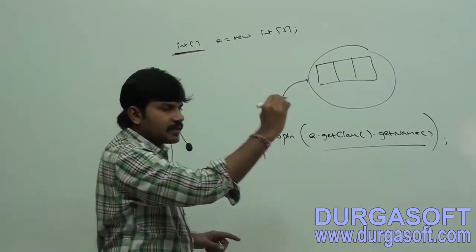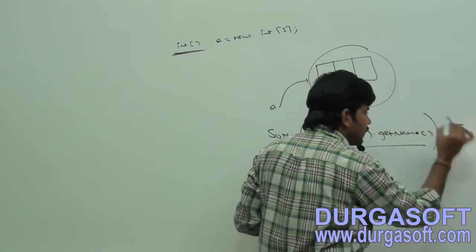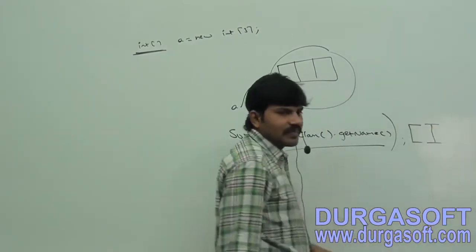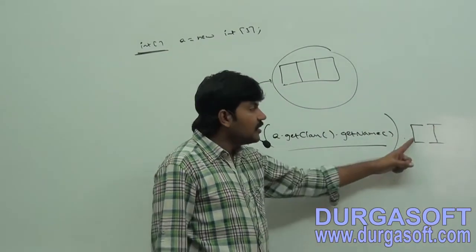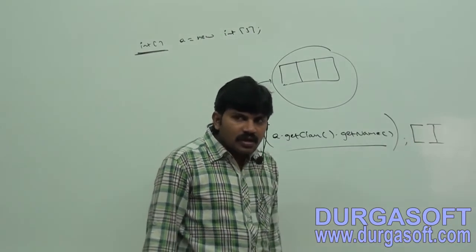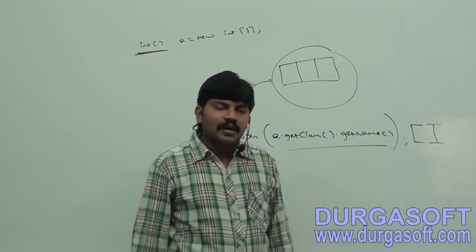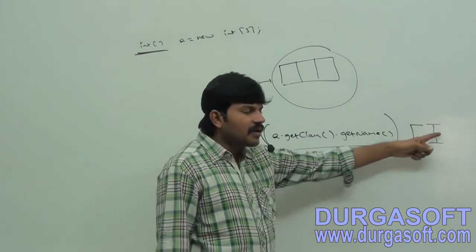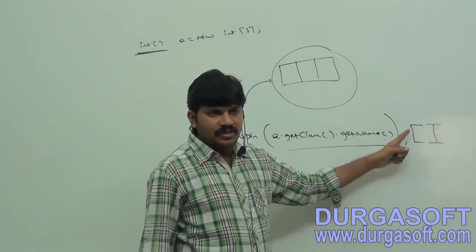An int array, a one-dimensional array of int type. [I is the corresponding class name. Sir, how does the class name start with a square bracket? These classes I don't want to highlight at the programmer level; they are part of the internal Java language. Why do you have to worry about these naming conventions?